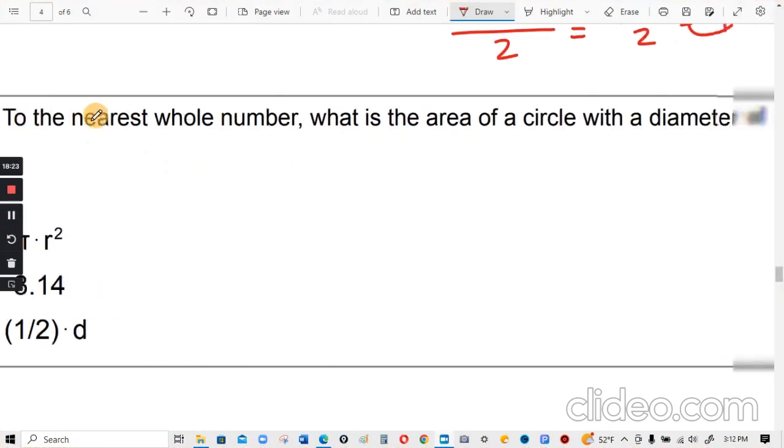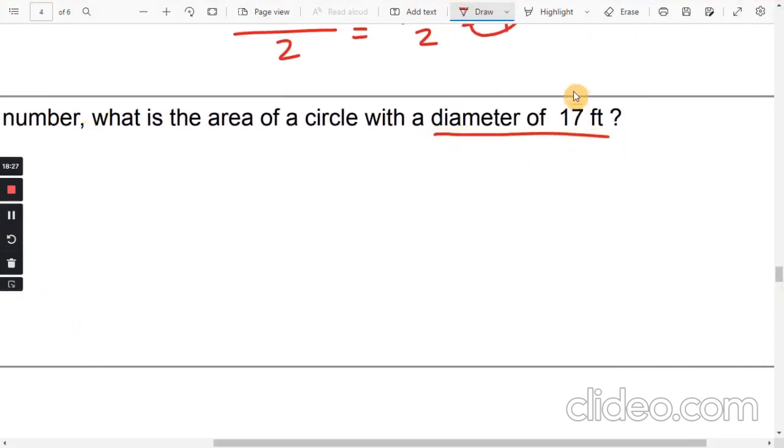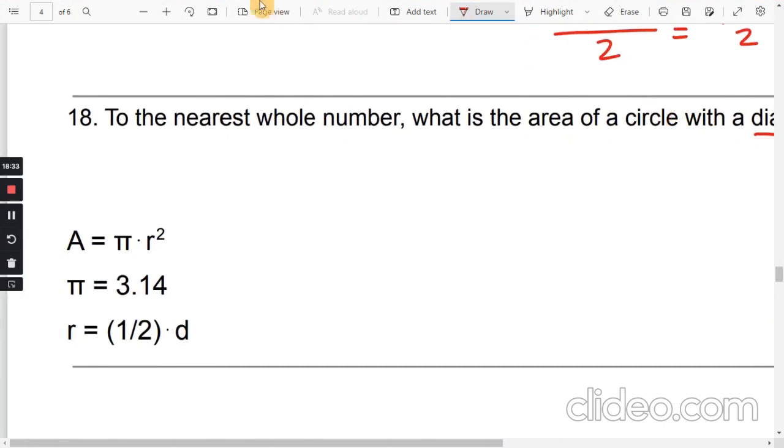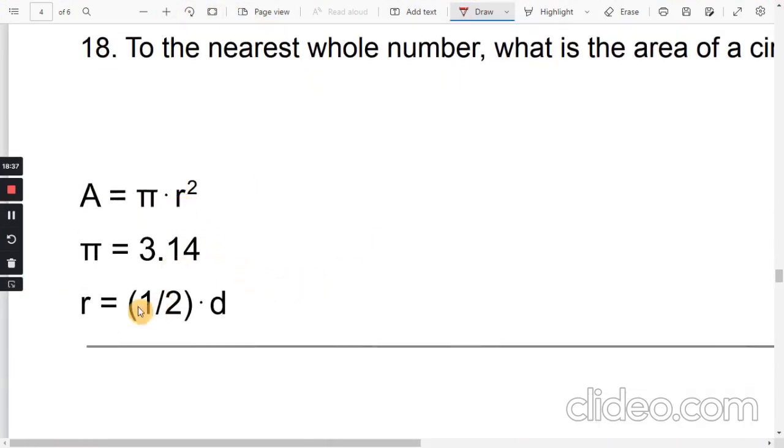18, nearest whole number. What is the area of a circle with a diameter of 17? Okay, diameter is represented with D, so that's 17. But for the area, you need the radius. So we're going to have to take half of D to get the radius. So that's going to be 1/2 times the diameter.